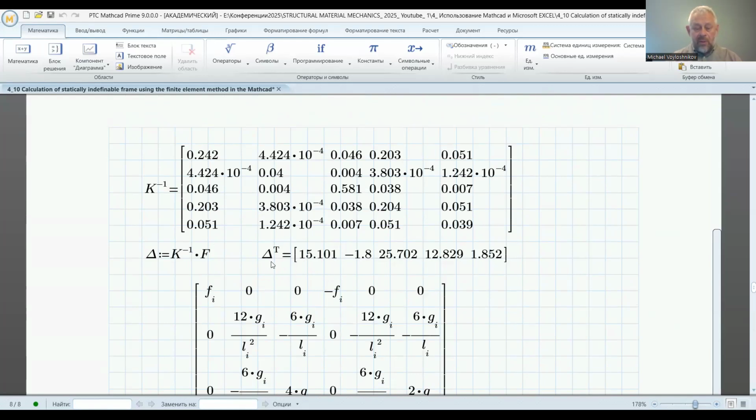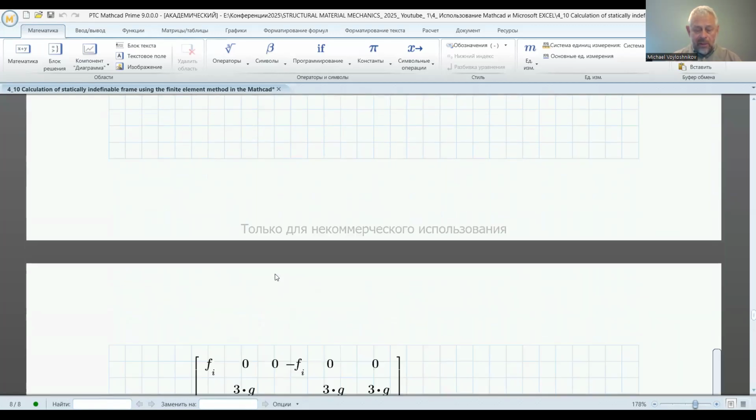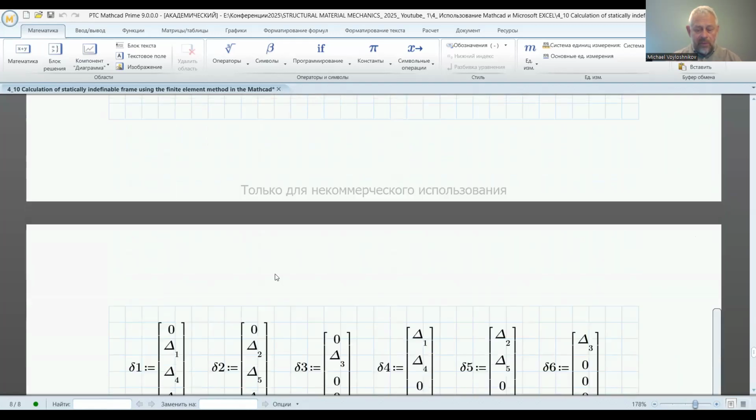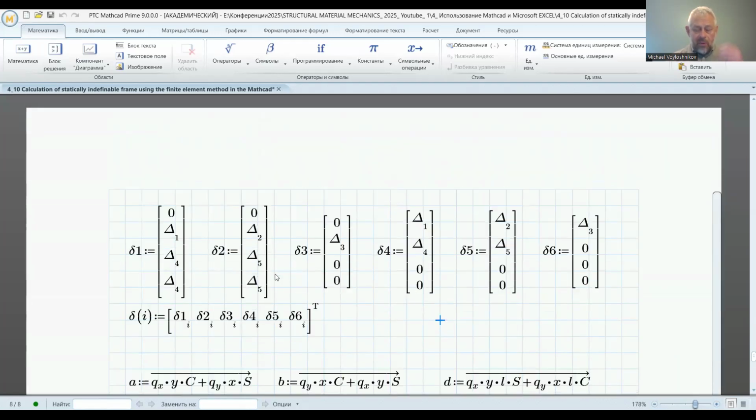This is the displacement of the nodes of the discrete model, and having this vector of displacements of nodes, we can define the correspondence between the displacement of the ends of the first, second, third.